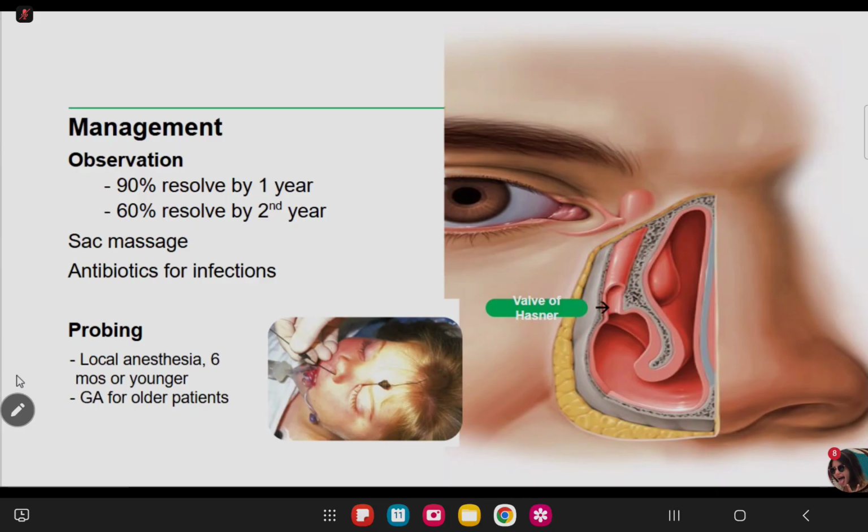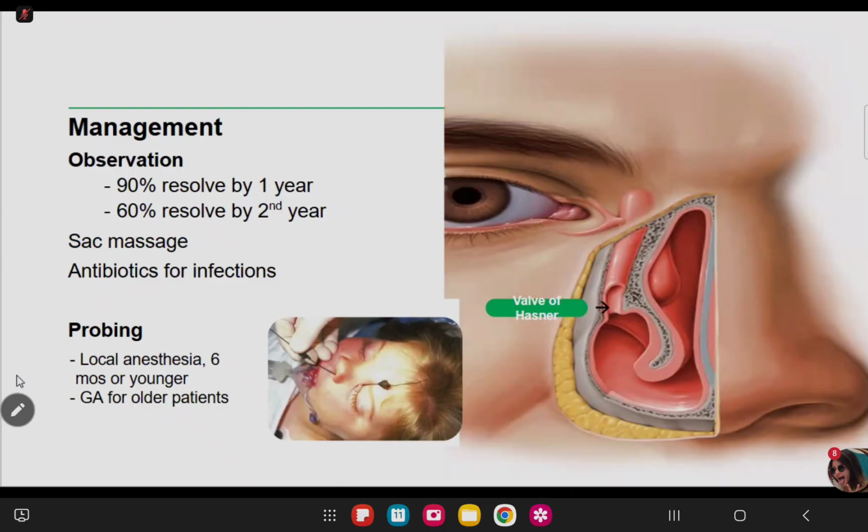So if the condition does not improve over time, and after all measures, after the patient already had probing, another option could be the ballooning before we perform the DCR.